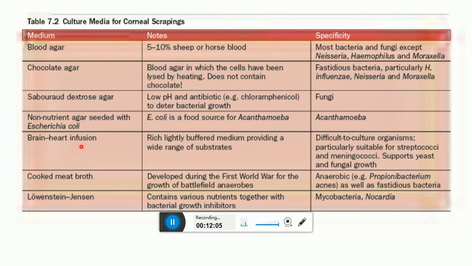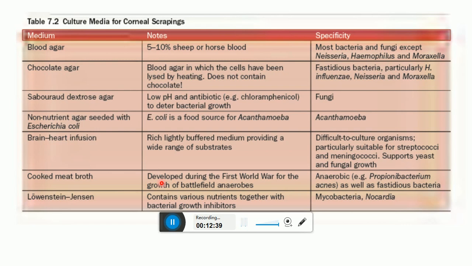Next is brain heart infusion. It is used for difficult to culture organisms, particularly suitable for streptococci, meningococci, and supports yeast and fungal growth. Brain heart infusion is a rich, slightly buffered medium providing a wide range of substrates. Cooked meat broth is used for anaerobes, for example Propionibacterium acnes, as well as fastidious bacteria.